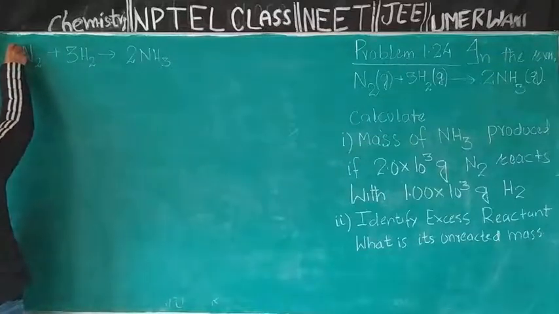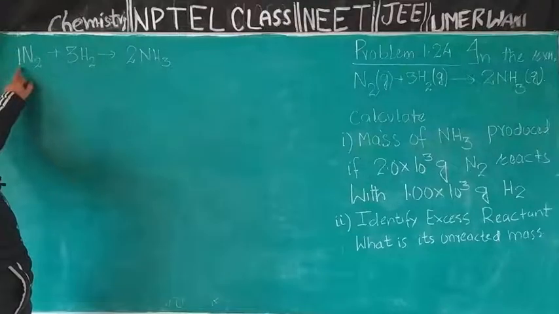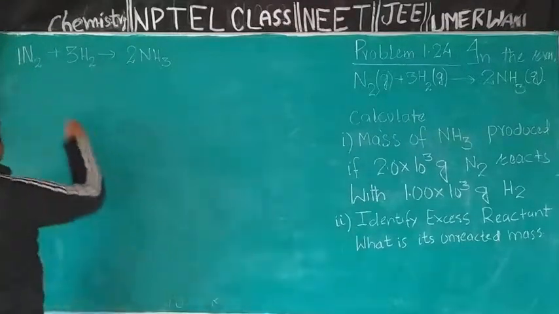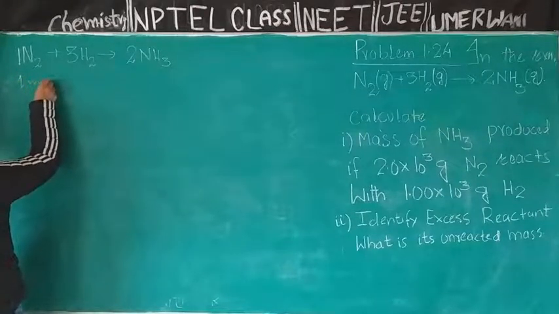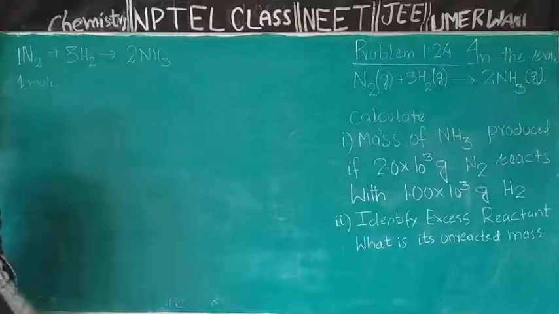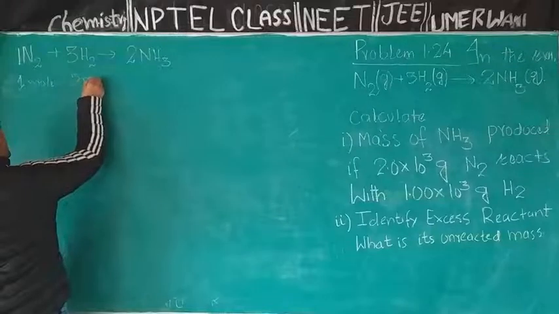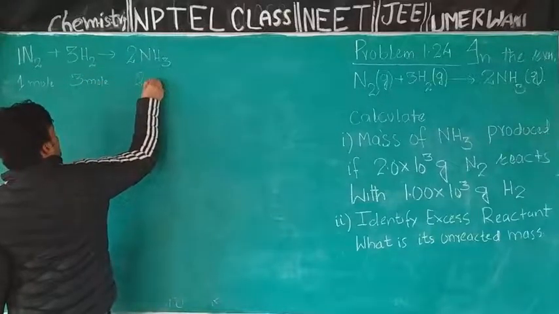And I already have told you that in a balanced chemical reaction, stoichiometric coefficients of reactants and products represent their moles. So in this reaction, 1 mole of nitrogen reacts with 3 moles of hydrogen to form 2 moles of ammonia.